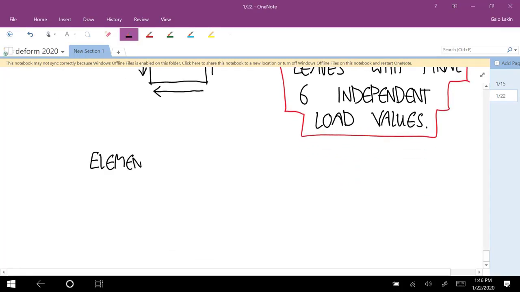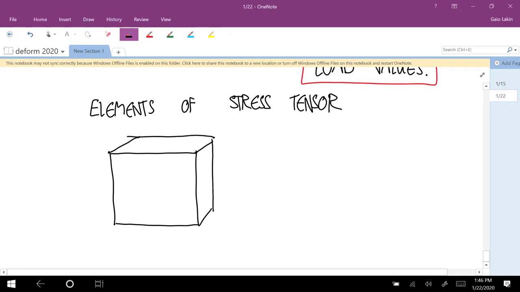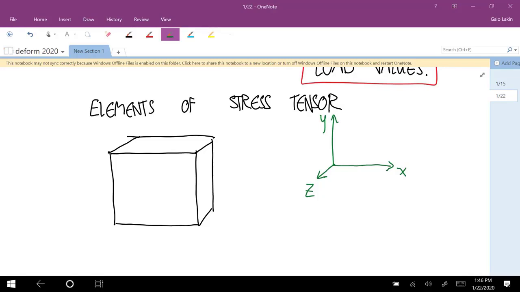Now here are the elements of the stress tensor. If we're using a coordinate system like this, where that's x, that's y, and that's z, then there are forces like this, this, and this.